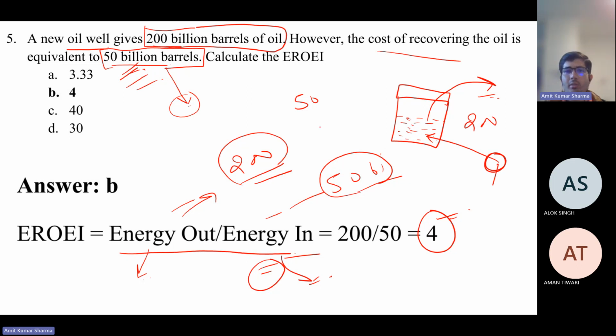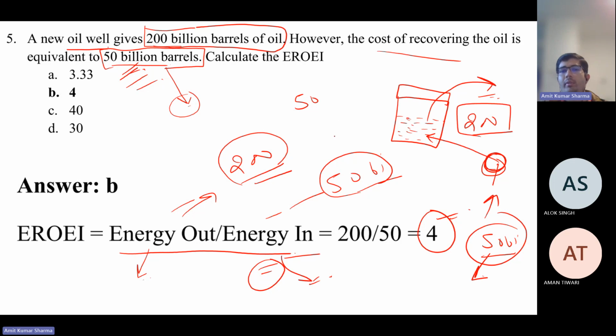Suppose this is the tank and you install a pump that can pump the liquid out of the tank. You can pump out 200 billion barrels, but to pump, your pump needs electricity or power. For that power, you need to invest 50 billion barrels. So with the investment of 50 billion, you are getting 200 billion of energy.